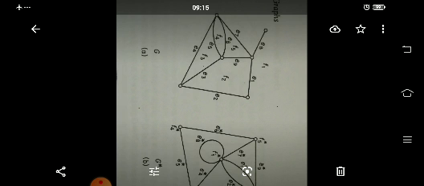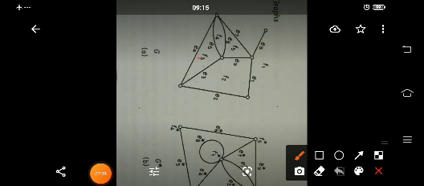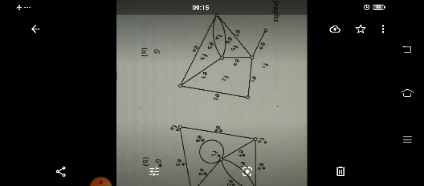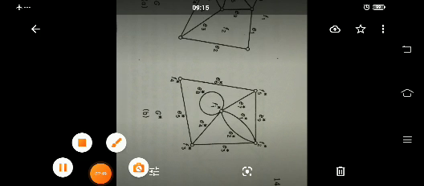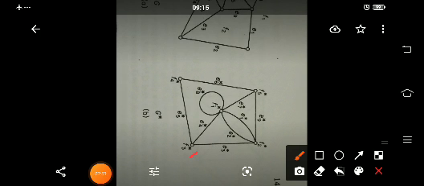Okay, next we choose F3. Here this is F3. See the second graph, F3, this is F3. So that face is adjacent to F2, F4 and F1.